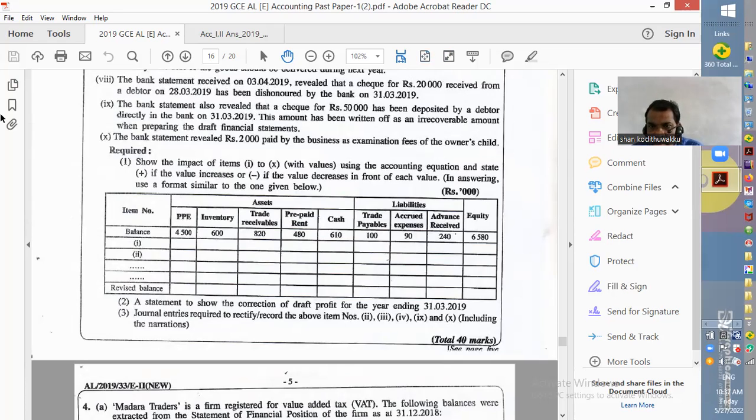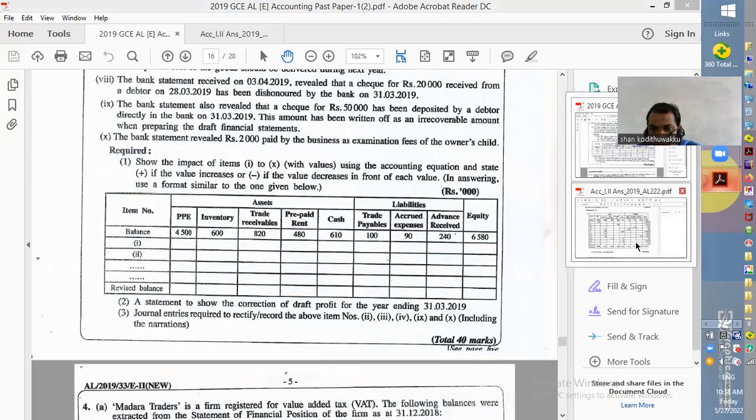Under accounts receivable, minus 20 earlier, now you have to add back, because when they sent the check to the business it was minus 20, but now as it has been dishonored, we can again ask money from the customers. Therefore, plus 20 under trade receivables, and from cash minus 20, because it did not get realized. It was not realized by the bank, because that is the meaning of dishonor.